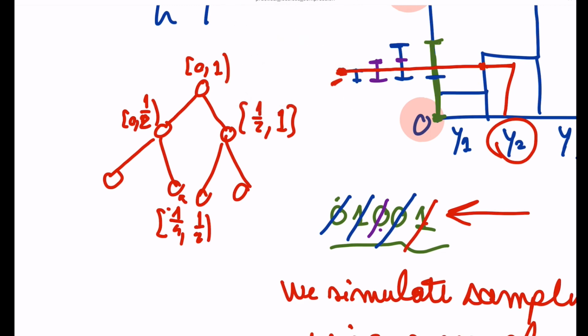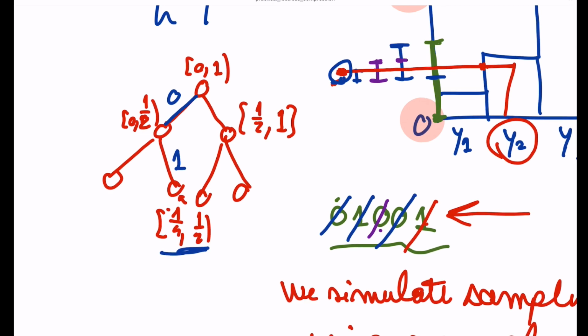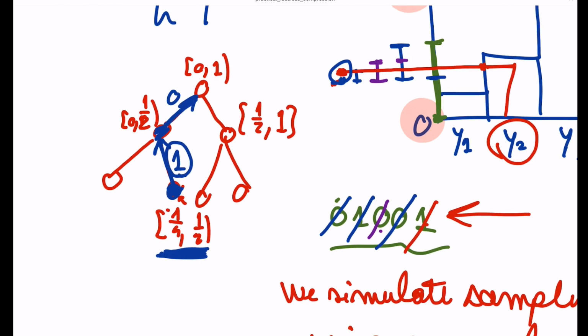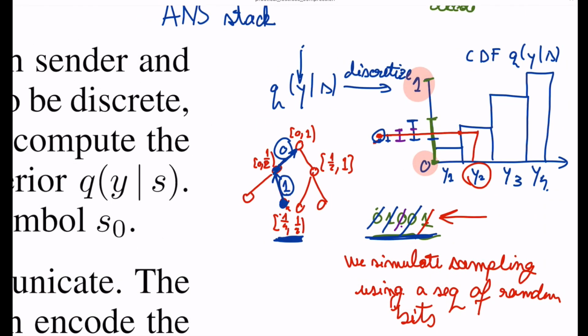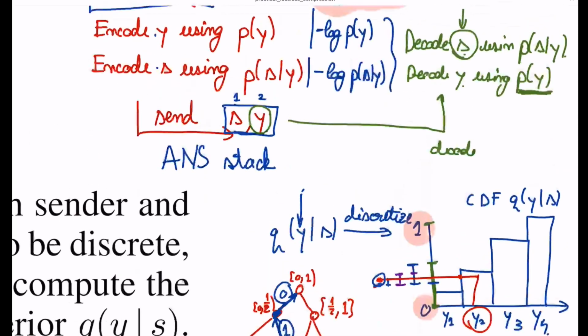So now, to get to this interval, you need to make a 0 and then need to make a 1. And you send that. But if you already know that you reached this point, you can go back and retrieve the sequence. You know that the last one was a 1, and then you can go back again, and you know that this one was a 0. So the point being, if I provide this sequence to this mechanism, I'm able to get it back. And that's what we are going to do.